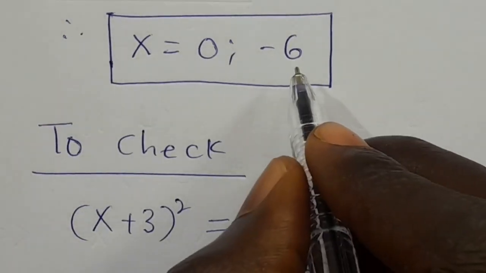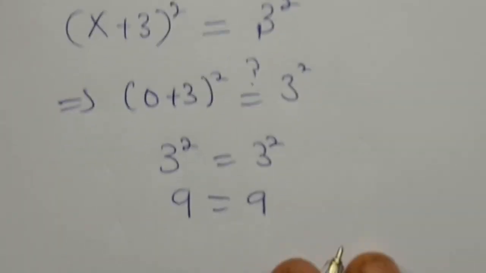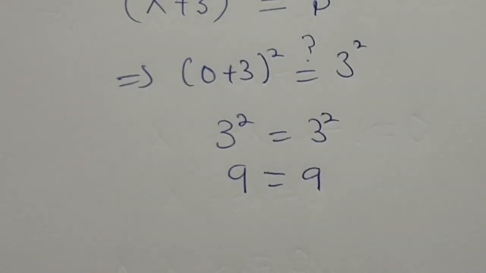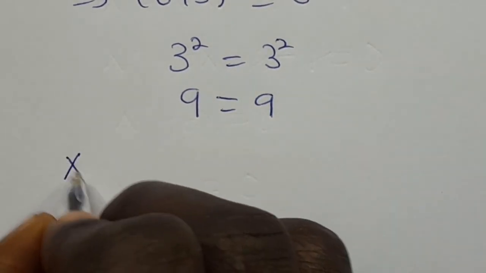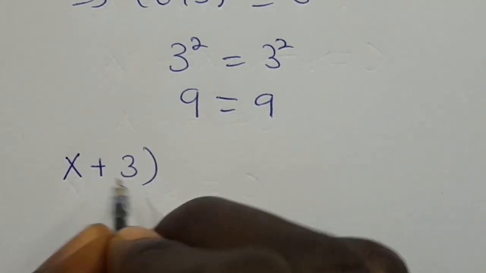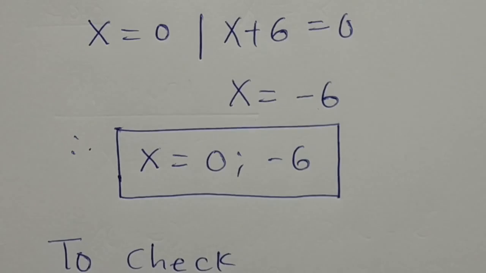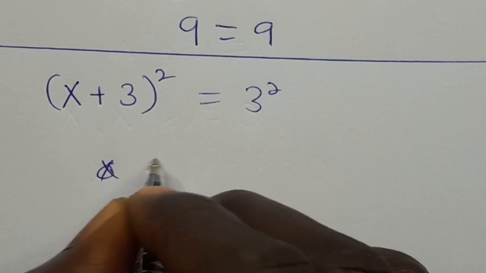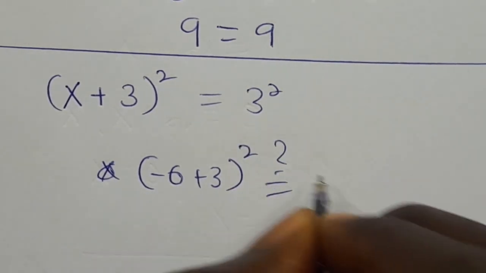Also, when x equals minus 6, here we are going to have (x + 3) squared equals 3 to the power of 2. Then when x equals minus 6, here will be (-6 + 3) squared, which is going to give us 3 to the power of 2.